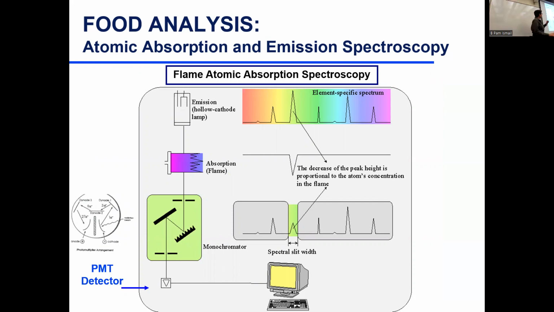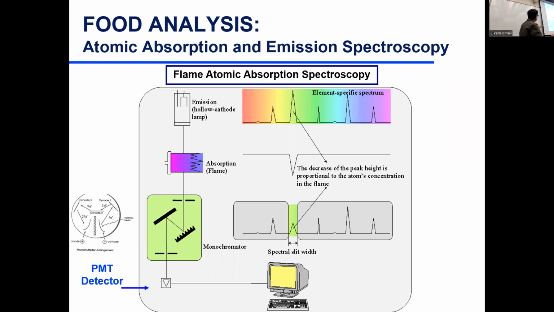Okay. So your lamp is emitting light with multiple wavelengths specific for your element, but then later on you select for your specific lambda max, and that's what gets translated into absorption. Yeah, that's good.